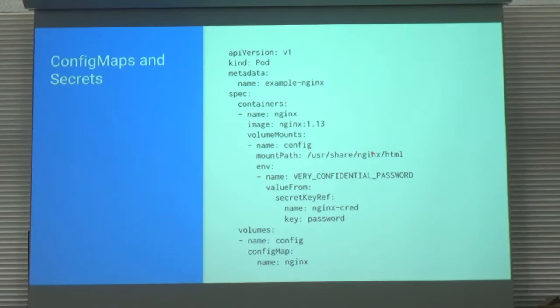This is a config map, and on the other hand, we use secrets. By this manifest, the secret can be read as an environment variable named very confidential password.